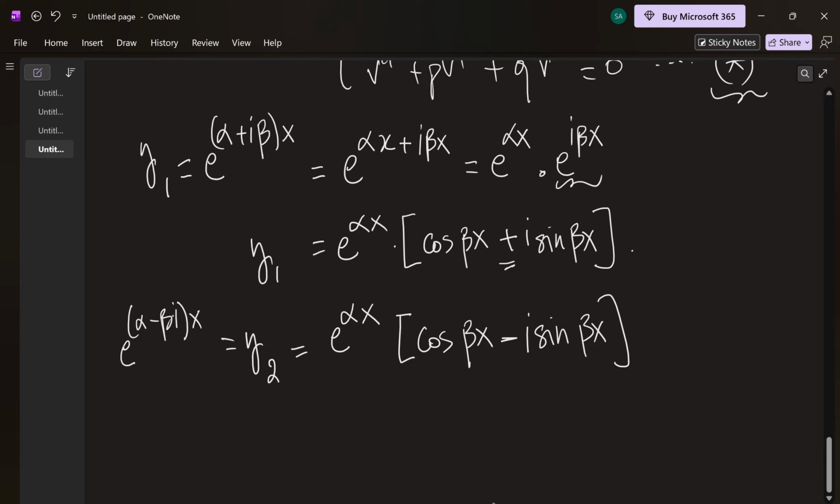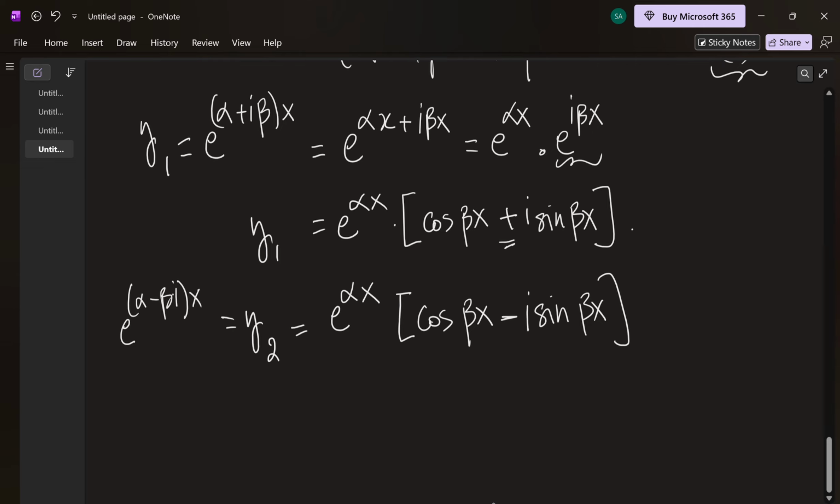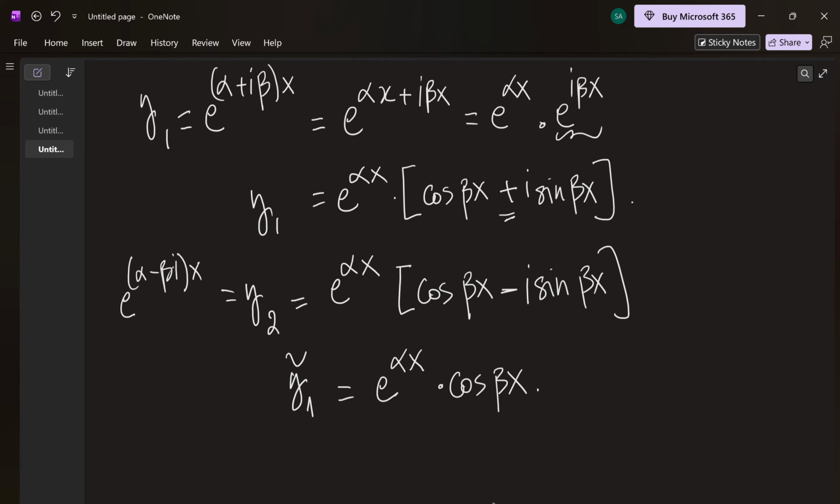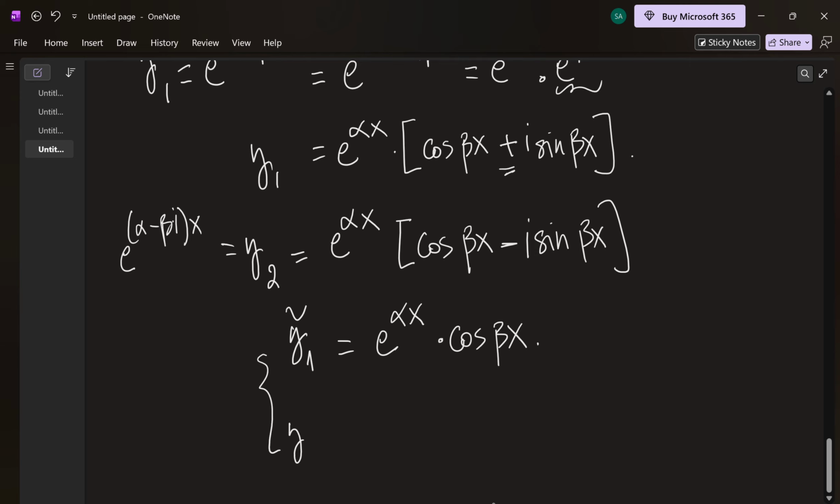So these are the two solutions. According to what we have just demonstrated, the following real functions will be particular solutions of equation 15. The first particular solution is exponential alpha x times cos beta x, and the second particular solution is exponential alpha x times sine beta x.